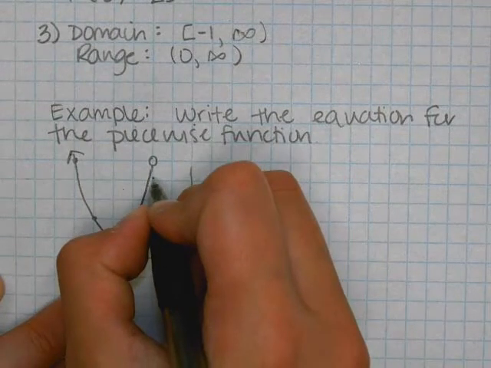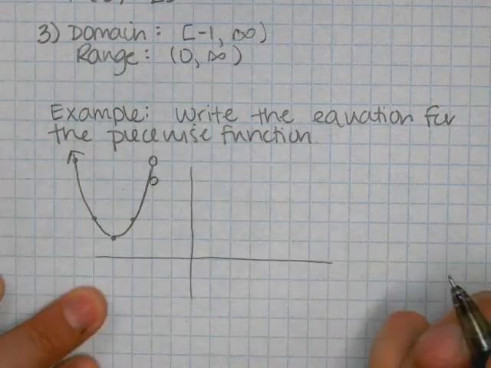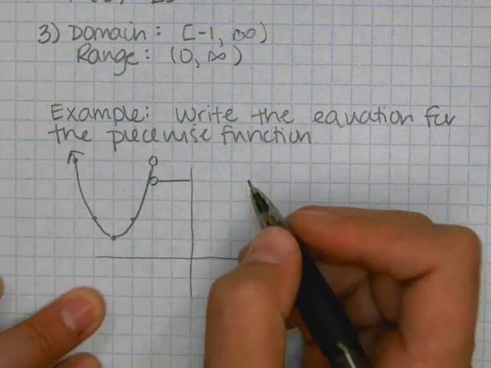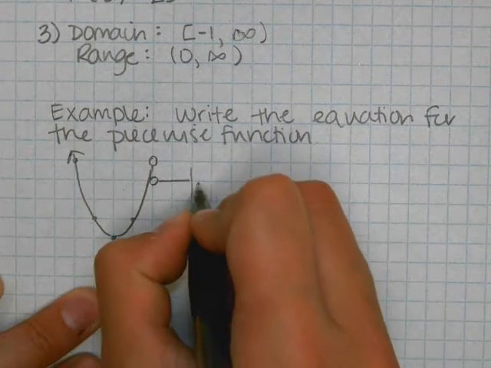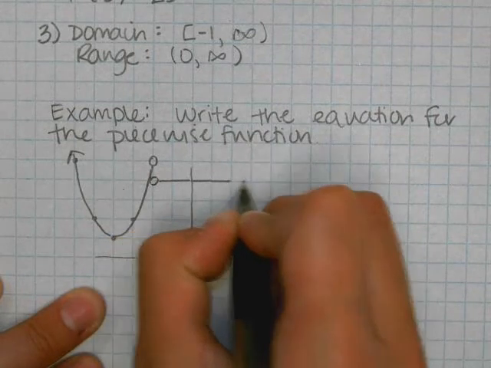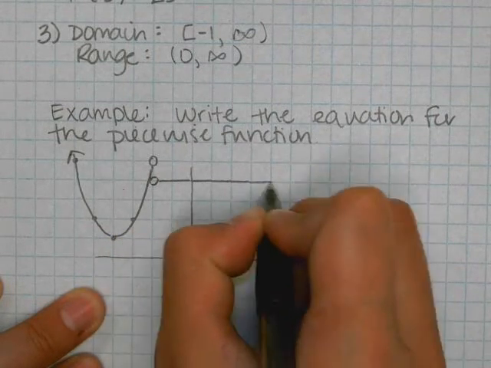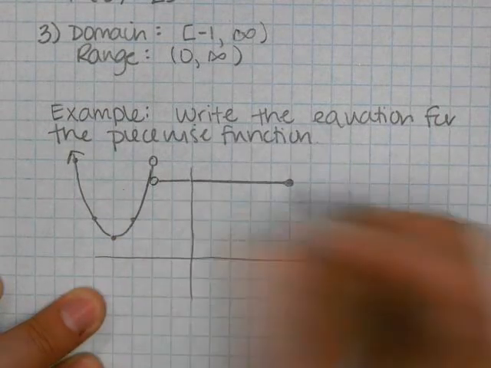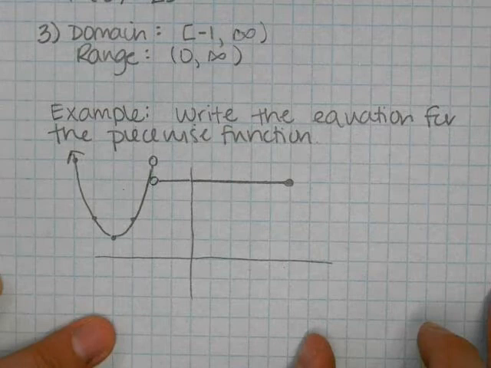And then right underneath this, we're going to put another open circle here, and we're going to make that go 7 spaces. 1, 2, 3, 4, 5, 6, 7. Like this. All right.